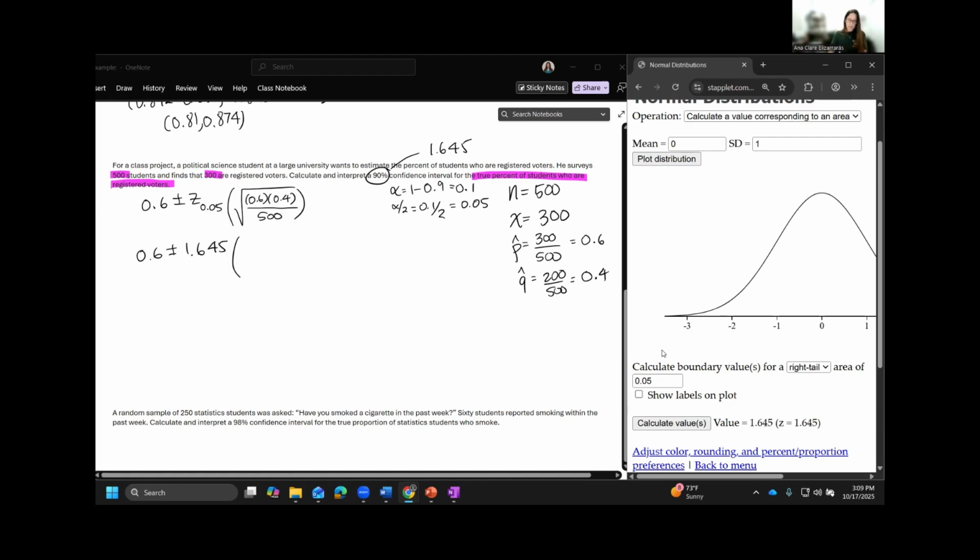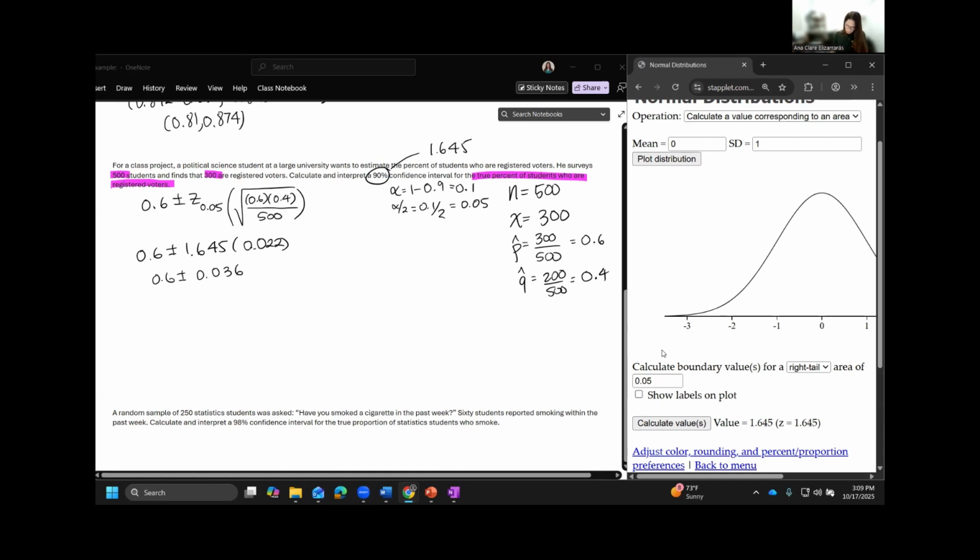We're going to take 0.6 times 0.4, and then we're going to divide that by 500, and then we're going to square root that. And I get 0.022. If I multiply that by 1.645, I then have 0.036.